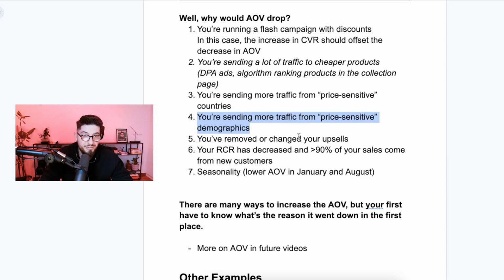4, you're sending more traffic from price-sensitive demographics. So all of a sudden, I was selling a serum, imagine, a serum for the face, and I was initially wanting to target women that are 40 plus, so they have savings, they have a good job, etc., they're established, they can spend 60 euros on a serum, or they can spend 79 on a routine.